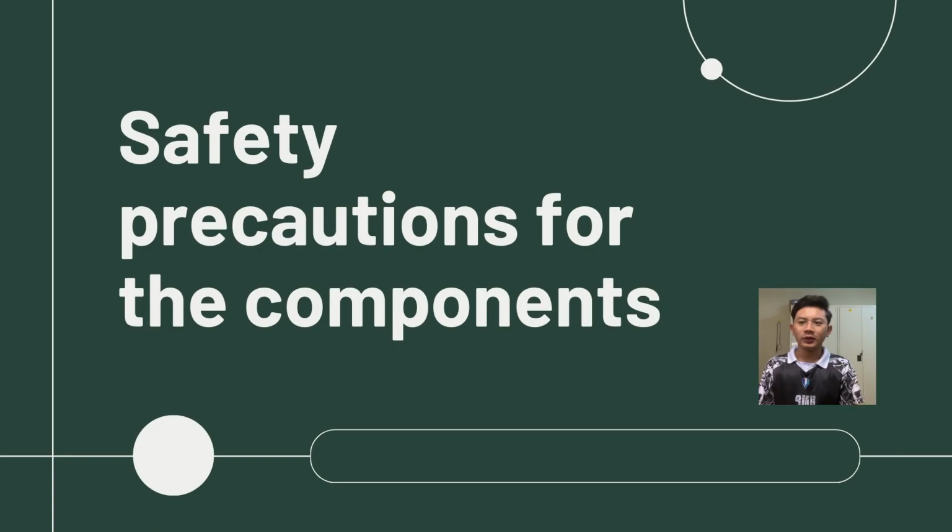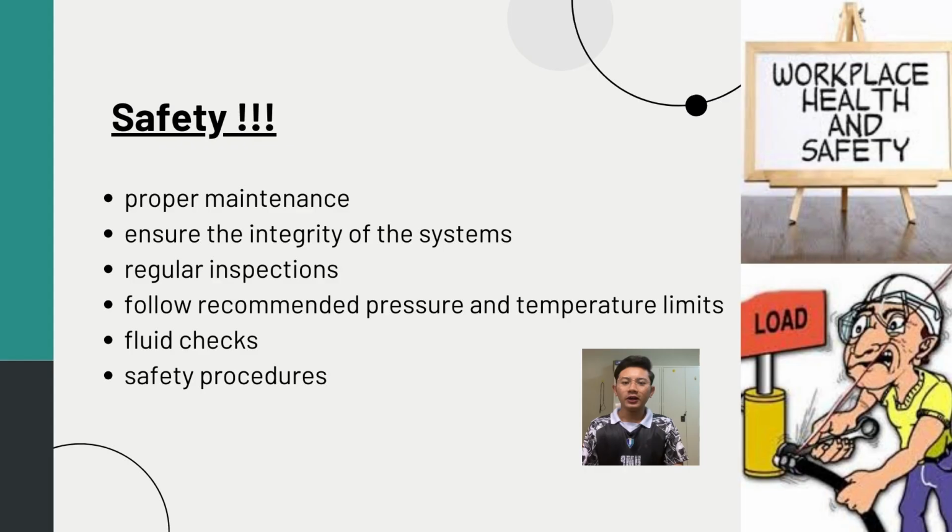Next, I want to present about safety precautions for the components. First and foremost, safety precautions for hydraulic pumps involve proper maintenance to prevent leaks and ensure the integrity of the system.